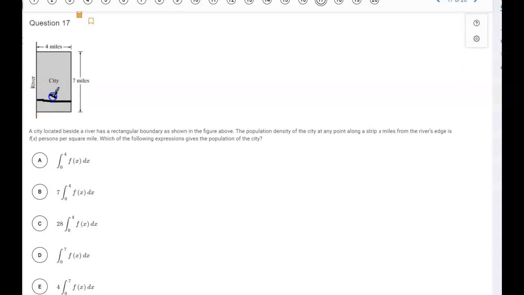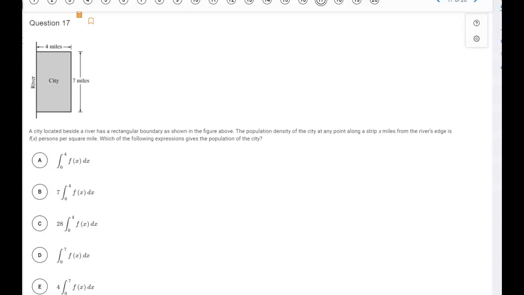So we'll call that length there X. The population density of the city at any point along a strip X miles from the river's edge is F of X persons per square mile. Which one of the expressions above would give us the population of the city?